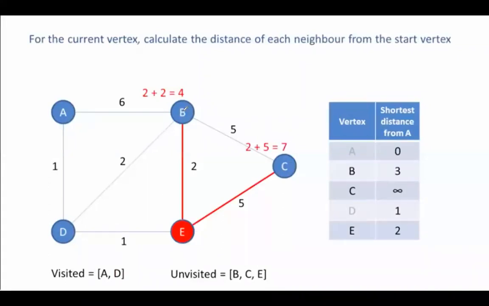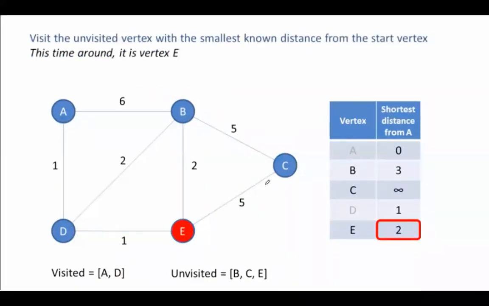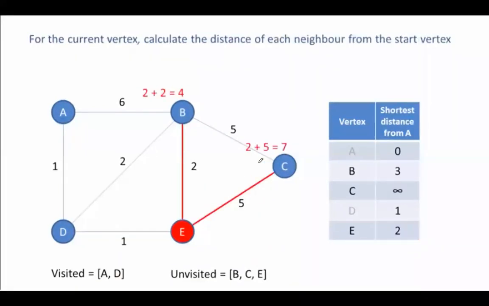From E to reach B, the distance is 2 plus 2. 2 is to reach E, another 2 is to reach B. From E to reach C, E distance is 2 and here distance is 5. 2 plus 5 is equal to 7.